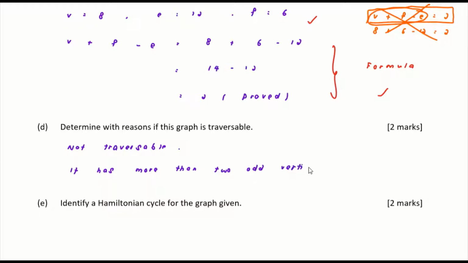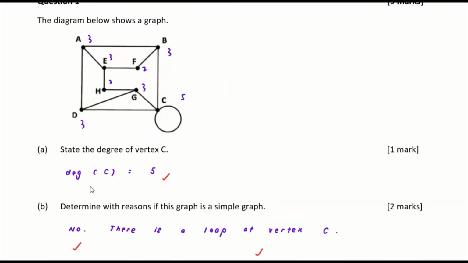For more detail, you can try to write down the vertices that give you the odd degree. So in this case, we have D. So A, B, D, actually everything except F and H, right?